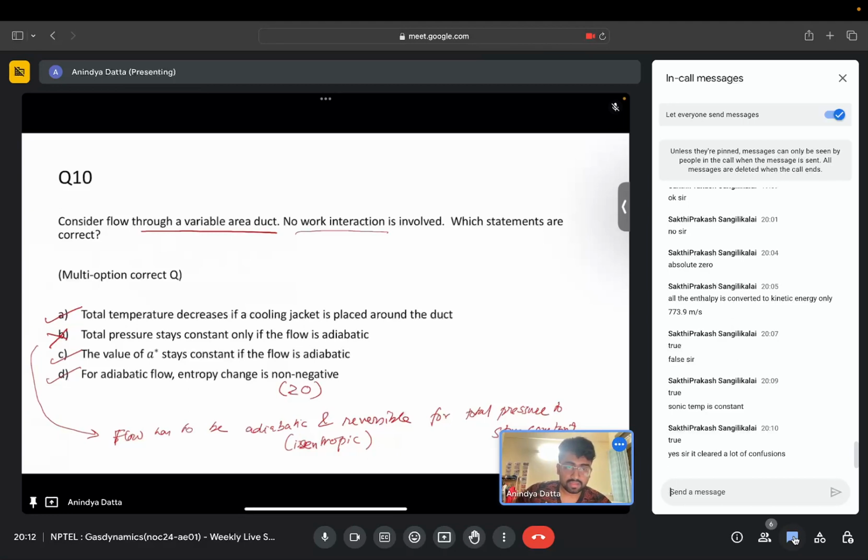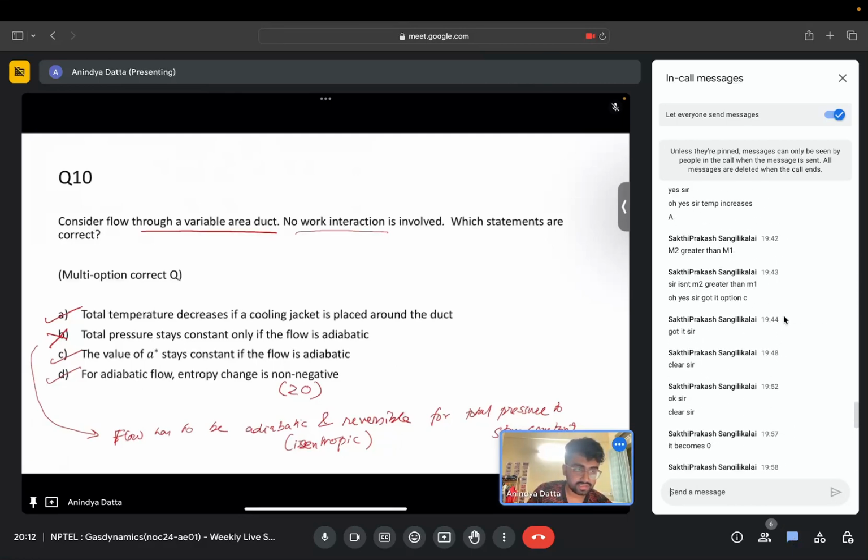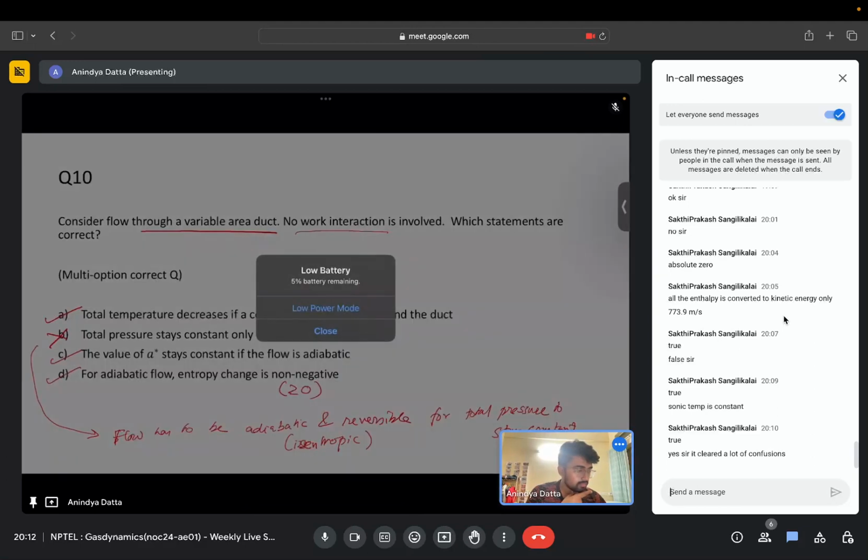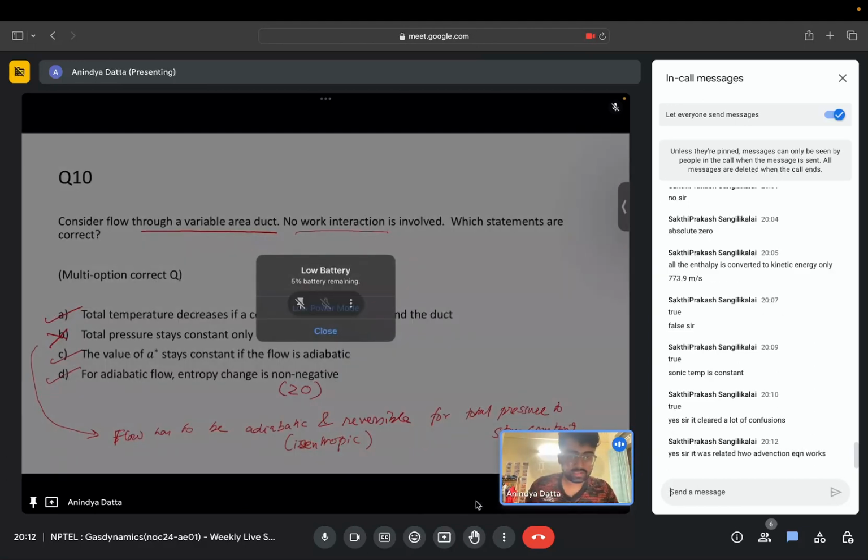If we have any doubt, we can wait for some time to clear them, or we can end today's session. Shakti, you had some doubt about the shocks, you can ask. Just give me a minute.